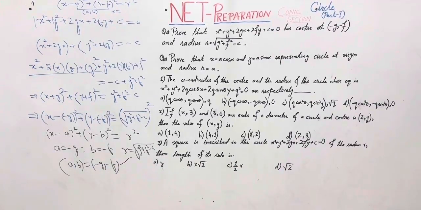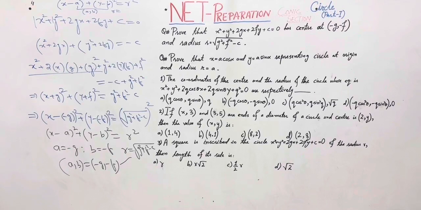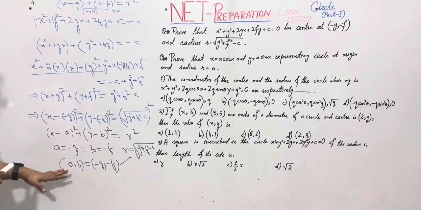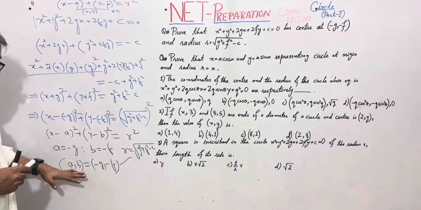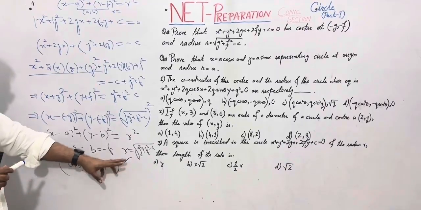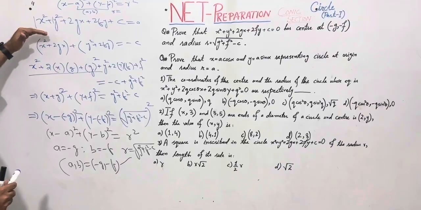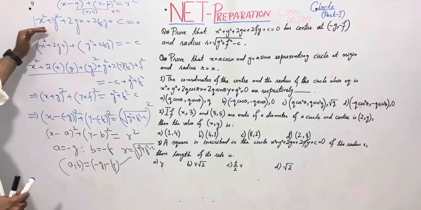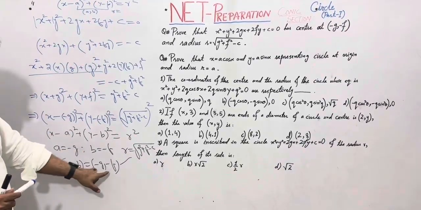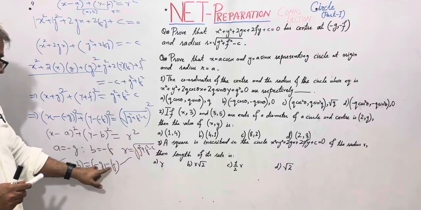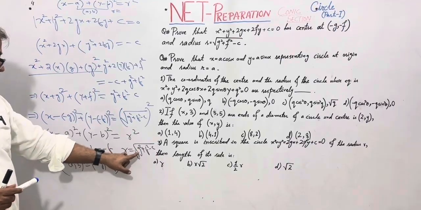We were directed to do so, so we have met our assignment requirement. The center is (minus g, minus f) and the radius is the square root of g square plus f square minus c. That is the science behind where this center as well as radius comes from.